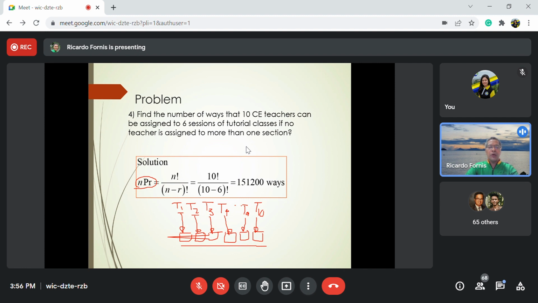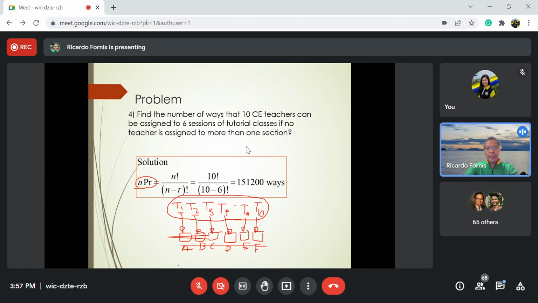The 6 teachers chosen, if you assign them to different rooms, say A, B, C, D, E, and F, it would be different if teacher number 10 is assigned to classroom A, or if teacher number 9 is assigned to room F. So this is one possibility.